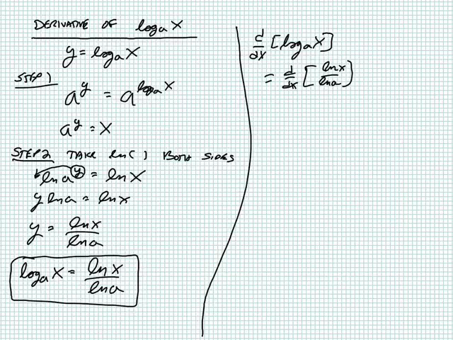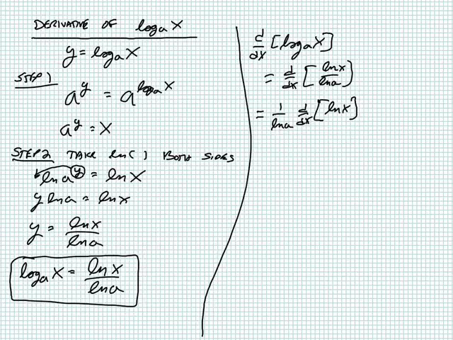Remember that natural log of a is just a constant, so I can pull out a 1 over natural log of a. Then I get 1 over natural log of a times the derivative of natural log of x. And now I know what the derivative of natural log of x is. It's just 1 over x.